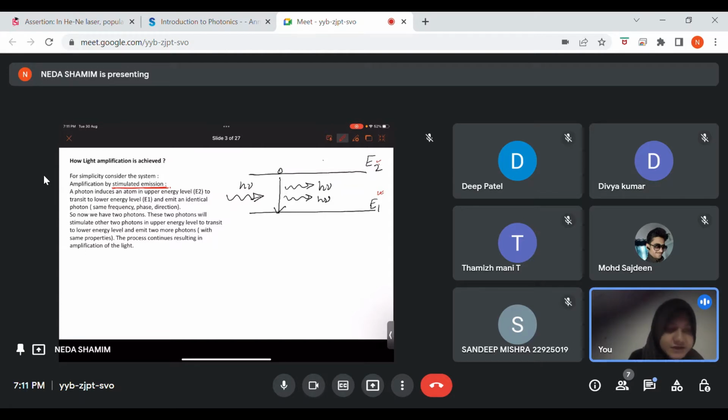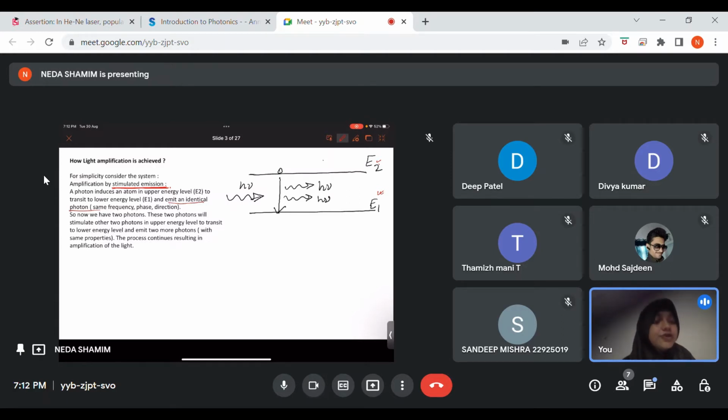A photon induces an atom in the upper energy level to transit to the lower energy level, and as it goes down, it emits an identical photon, identical in terms of frequency, phase, direction, and most other aspects. So now you have two identical photons, so one photon gets doubled. That's how you achieve light amplification.